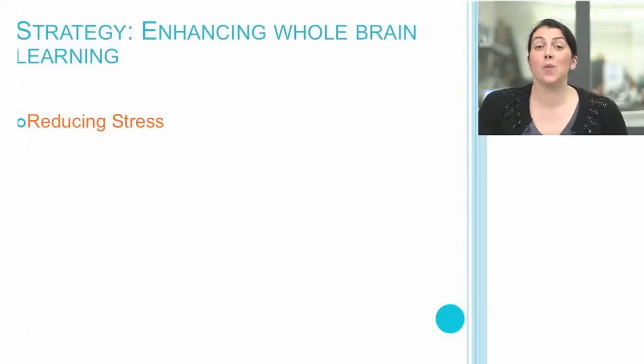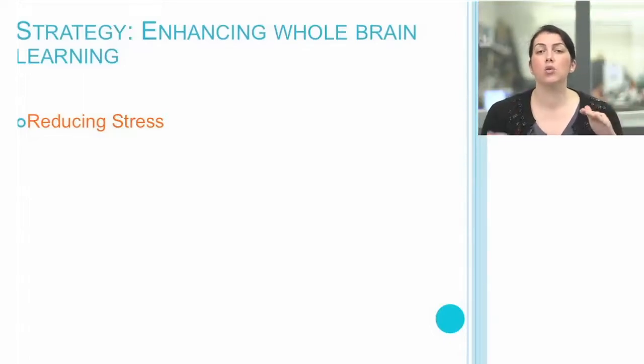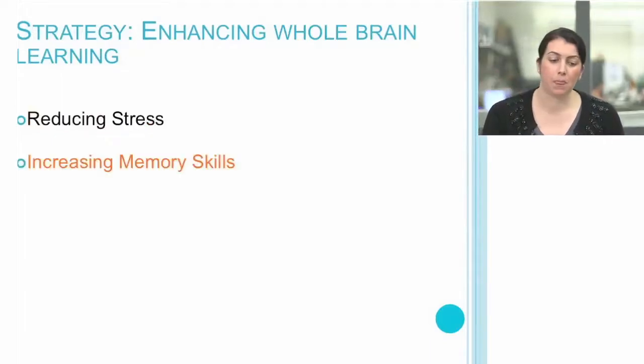So when we want to create an optimal scenario for whole brain learning, what we really need to focus on is reducing stress. Too many of our youngsters come to school carrying heavy burdens. Sometimes they're not even directly aware, but they carry the stress indirectly, knowing that perhaps their family is going through something stressful. And so whatever we can do in the classroom to reduce those stress levels only increases the optimal learning for the brain.